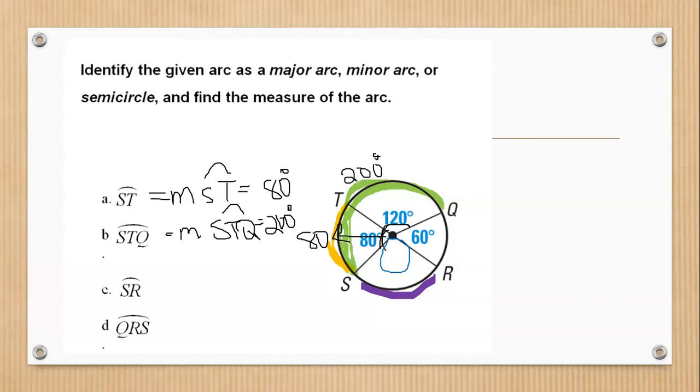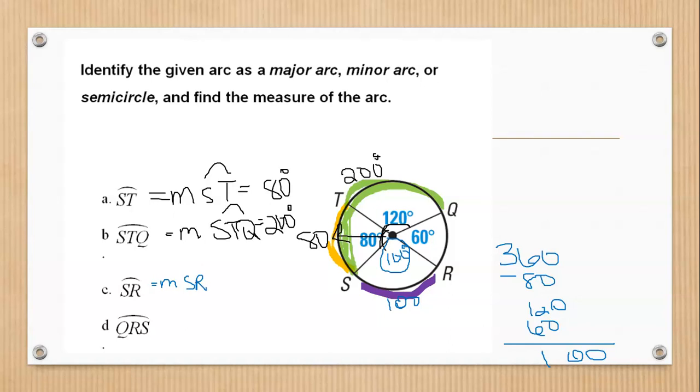Well, if we already know the other three angles, then we can just subtract from 360 to see what's left. 120 and 60. So is it 100? Let's see. Yeah, it's 100 degrees. So we found this missing angle here is 100, which makes the missing arc across from it 100.